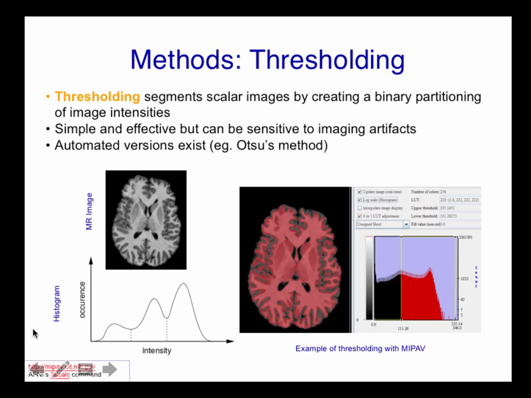MIPAV is a software package that was developed here at NIH by CIT, led by Matt McAuliffe and others. It's a very nice package for visualizing MR images and performing the less complex segmentation operations.